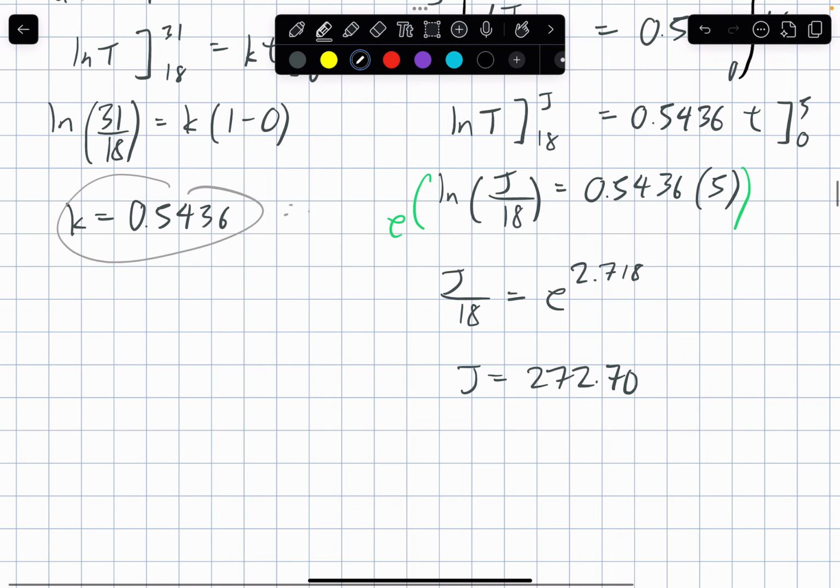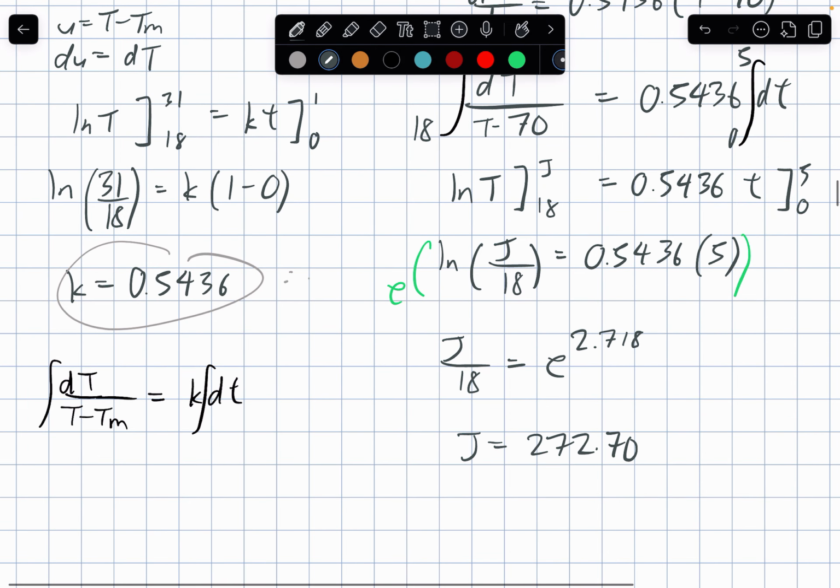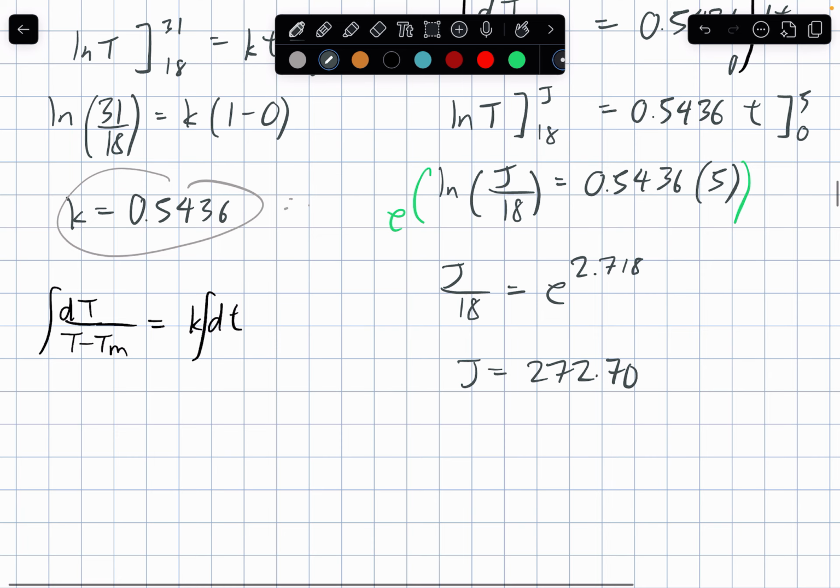Let's try something. We start again with dT over T minus T sub m equal to k dt. This is ln T equal to kt plus a.